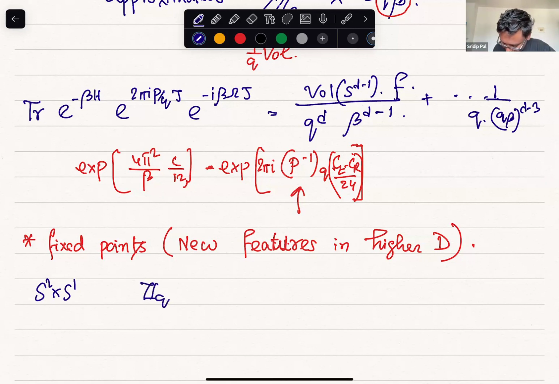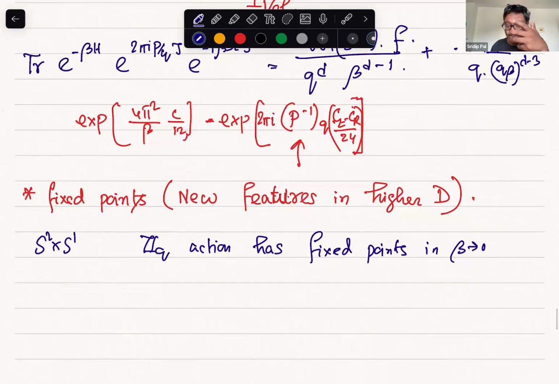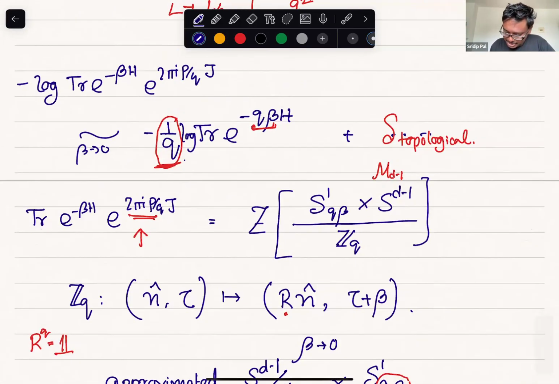So the ZQ action has fixed points in the beta going to zero limit. And those fixed points can lead to new contributions in your effective field theory. So again, going back to this equation here, let me copy it.